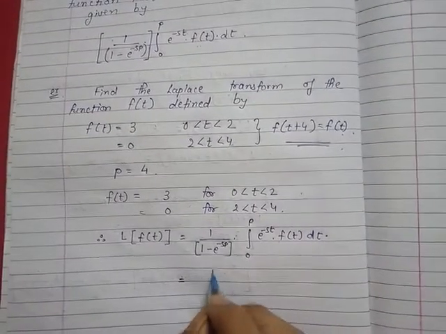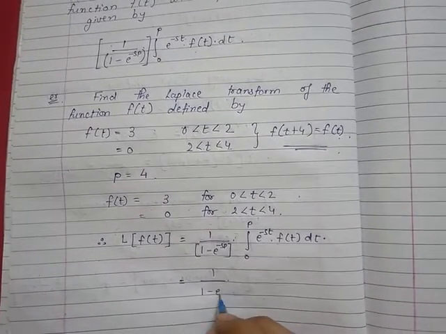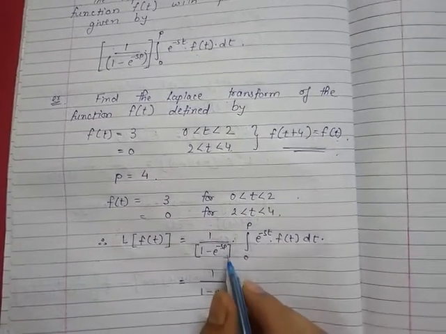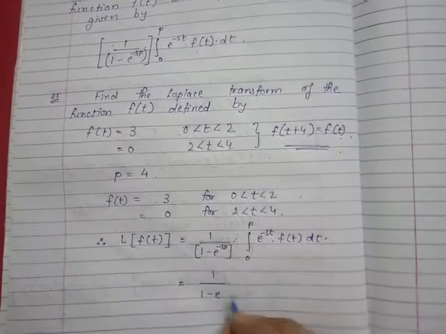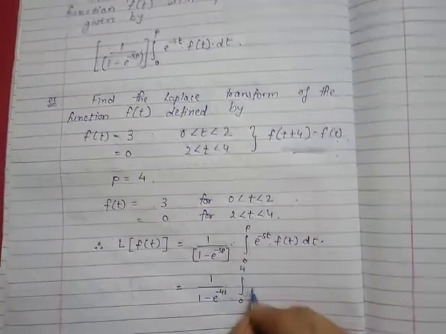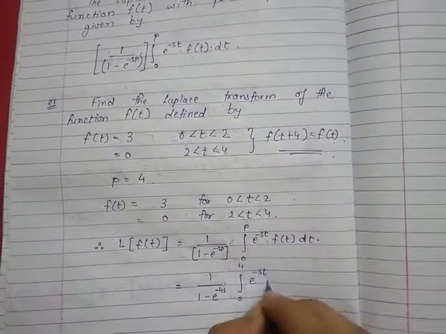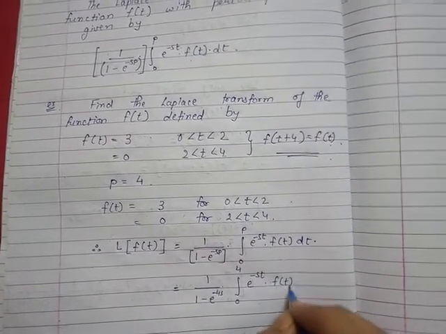So this will be 1 upon 1 minus e raised to minus sp, but here p is 4, so minus 4s, 0 to 4 e raised to minus st f of t dt.